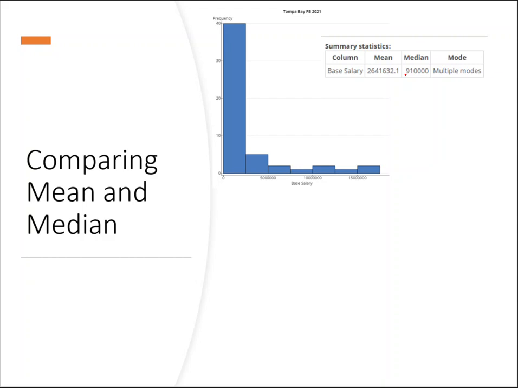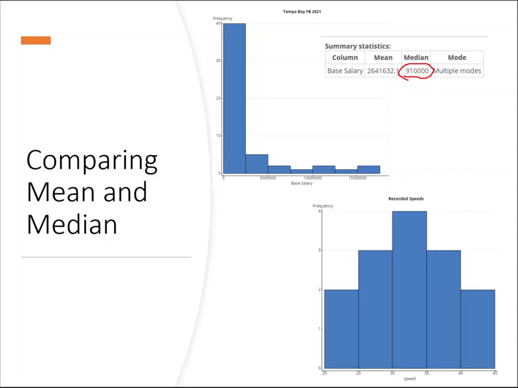When we have skewed data, that average salary is not going to be the best way to describe our data. Instead, we actually want to look at the median because it's going to give me that 50% mark. We know 50% of the players earn less than 900,000 and 50% earn more than 900,000.